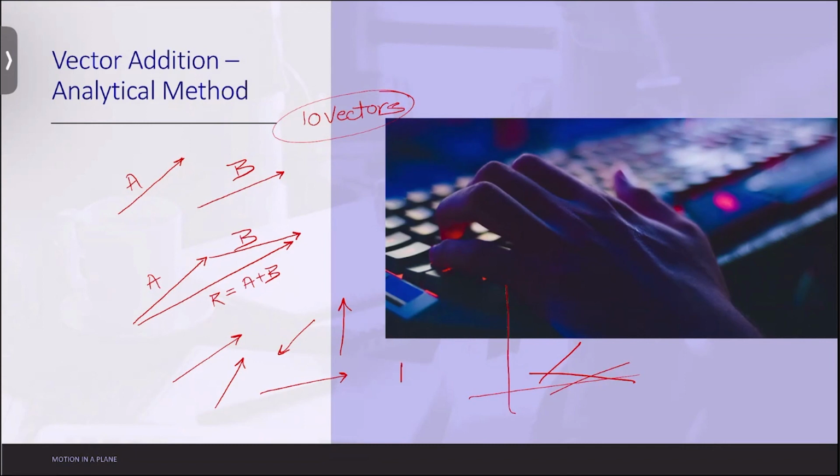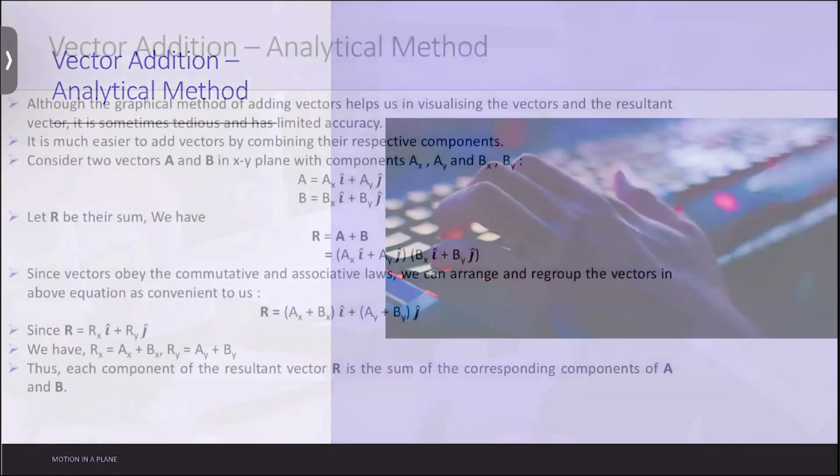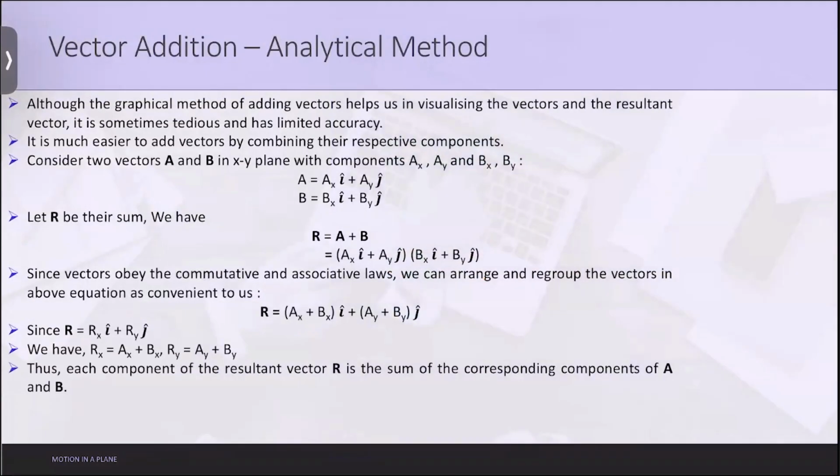So to reduce that time and to make the complete information using mathematical formulation, we will understand this concept, which is vector addition by analytical method. Let us start this and then we can increase our understanding and comparison between graphical and analytical methods as we move on.